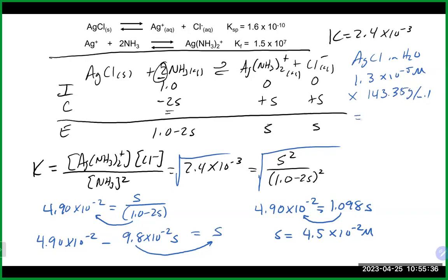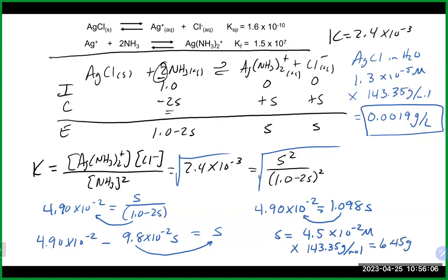If you remember, the solubility of silver chloride in water was about 0.002 grams per liter. If we also multiply this by the molar mass of silver chloride, this will tell us the solubility of silver chloride in ammonia, which is what we did in this problem, which forms the complex ion. The solubility here is 6.45 grams per liter.